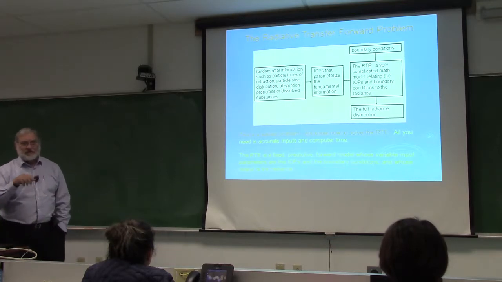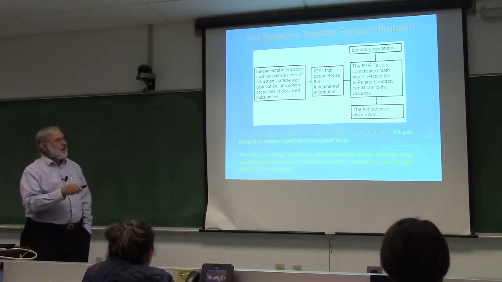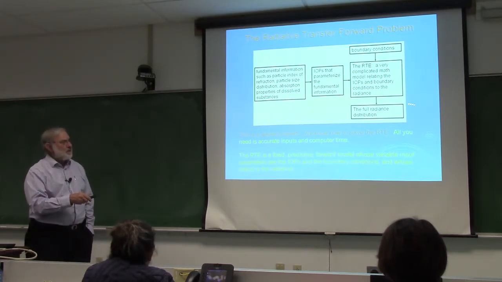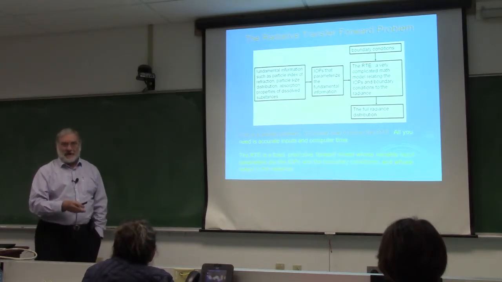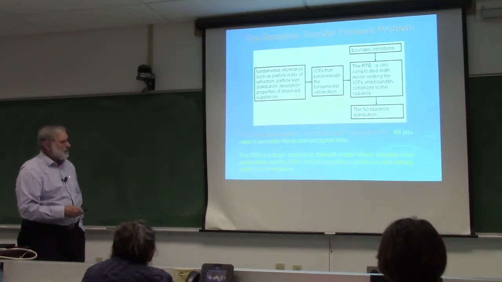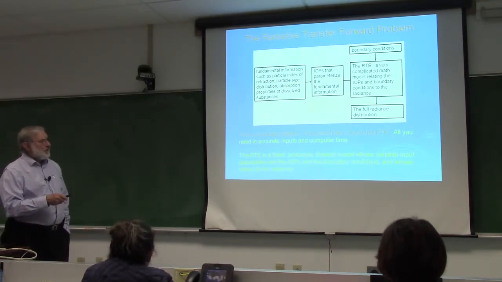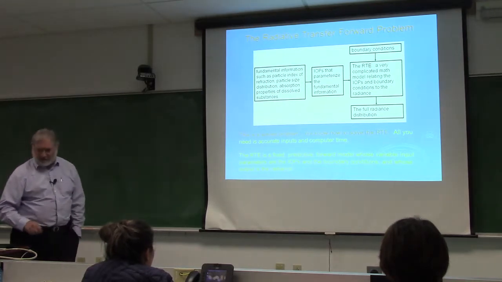So this is a solved problem. If you give me IOPs and boundary conditions, I can use one radiative transfer model or another, and I can compute this with just as much accuracy as I want. It's just a matter of computer time. So you can see the radiative transfer equation is a predictive forward model with these as input parameters.